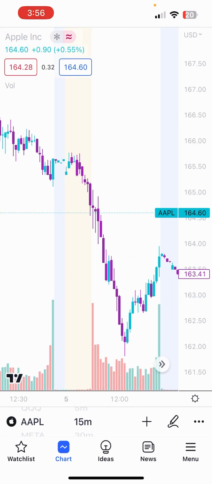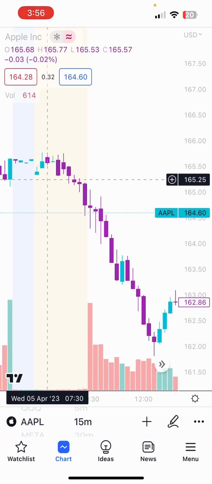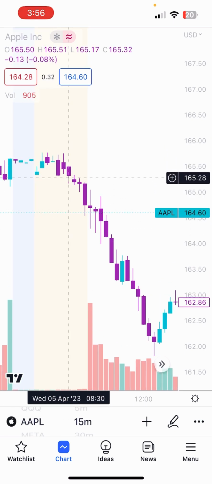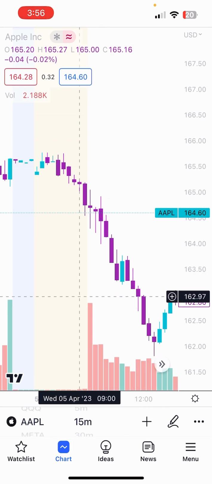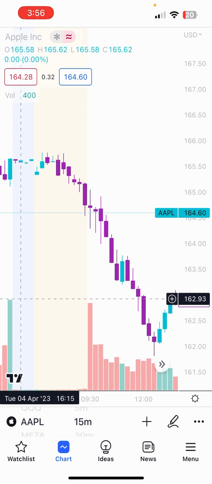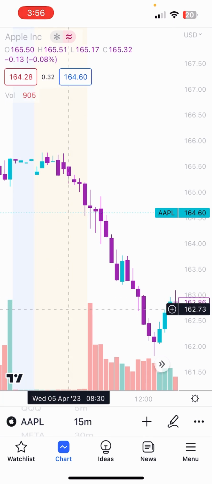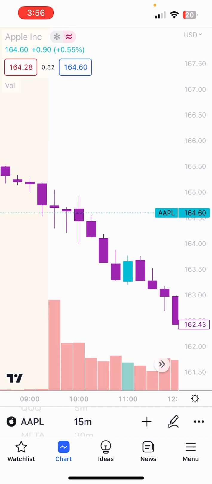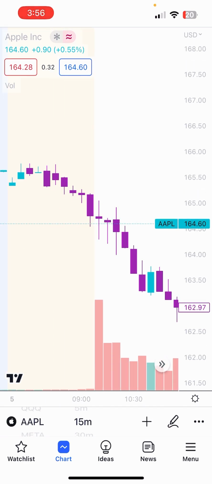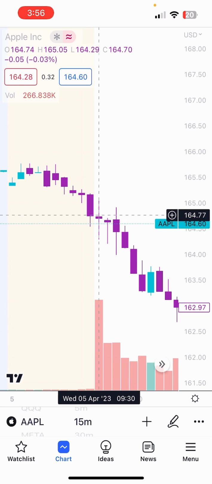In this case, you're not going to count free market. This is free market, this is market open. The white space is market open; the yellowish and blue is free market and after hours. So the first candle that just started everything in this case is this candle right here.